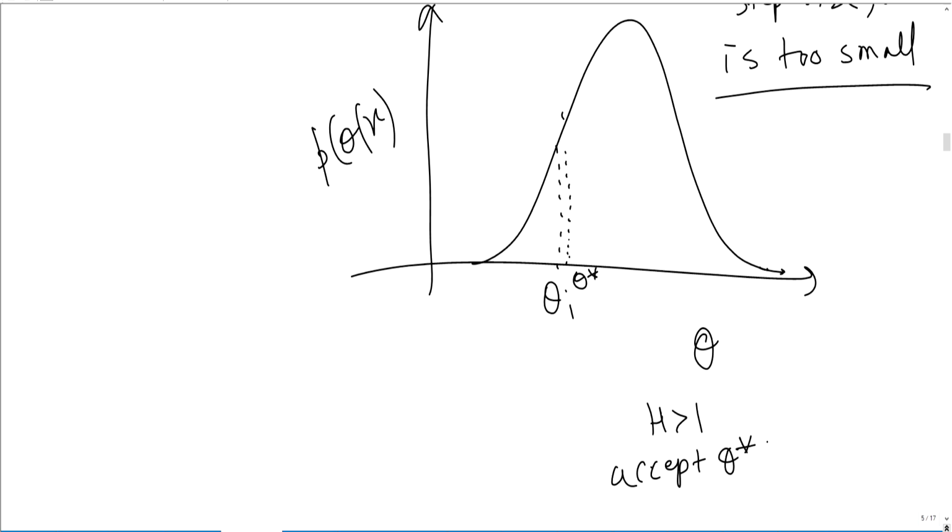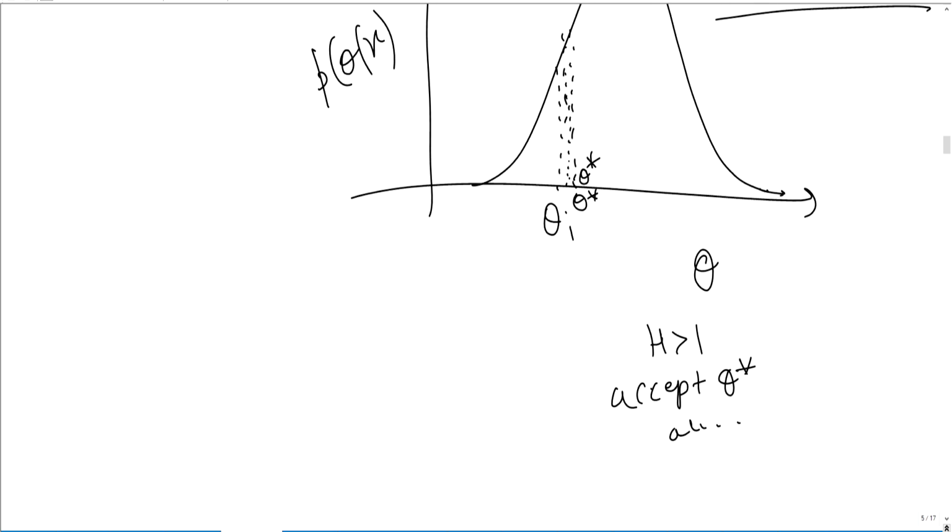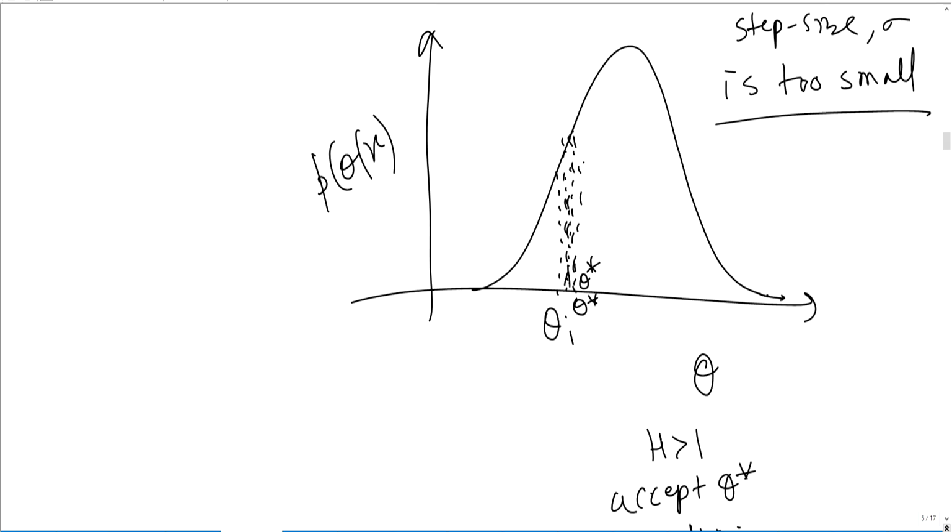Now, let's say I again generate a new proposal, it will again be very close to theta star. That's a new proposal, theta star is here. So, I should again accept theta star, right. Now, I again generate a new proposal which will be here. So, I will keep accepting some of them and keep rejecting some of them.